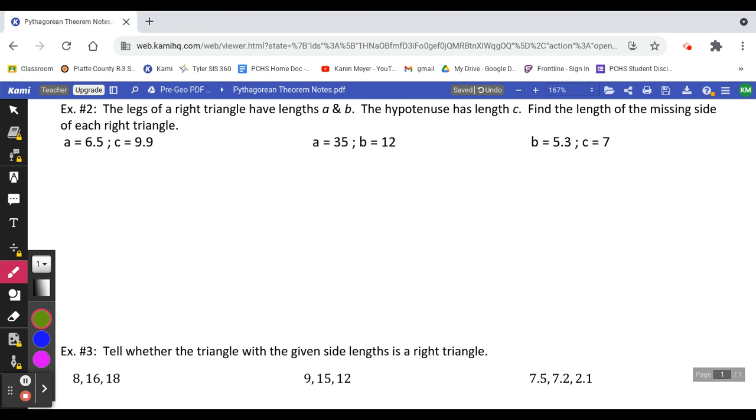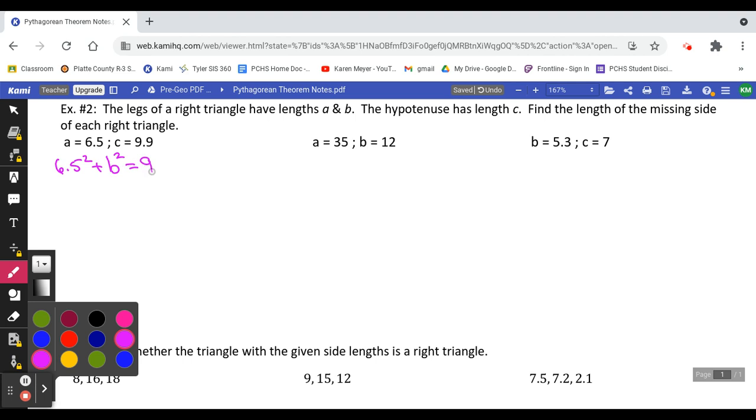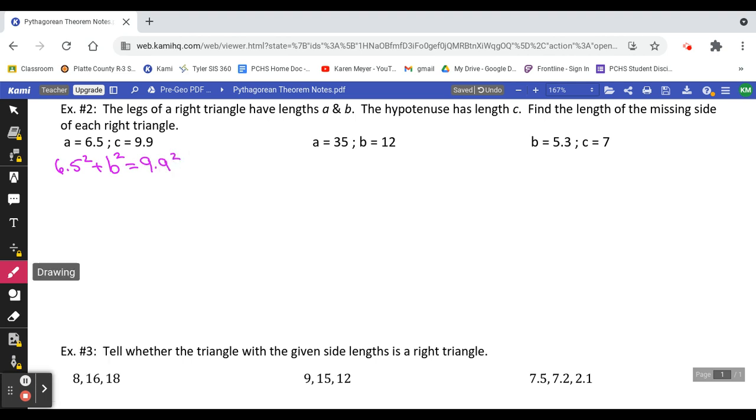Okay, example number 2. This time, instead of me giving you a picture, I'm just going to tell you 2 of the side lengths, and your job is to find the missing one. So on this problem, we know A and C. So I'm going to do 6.5 squared plus B squared, because they don't give us B, equals 9.9 squared.